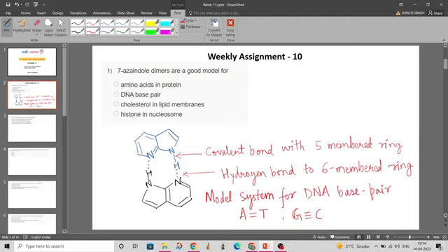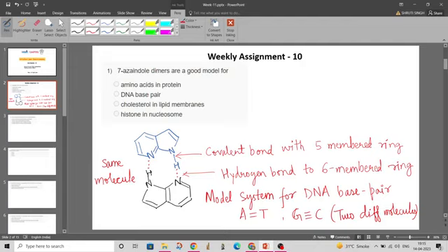But here the thing is, in base pairing, these are two different molecules, A and T, G and C. Two different molecules, but here we are using the same molecule. As it is a dimer, we are using the same molecule.